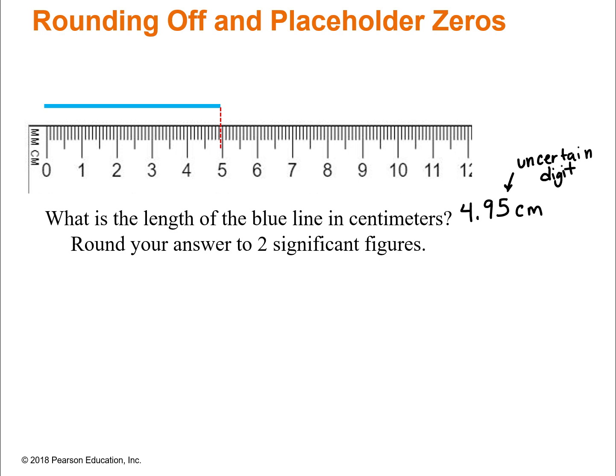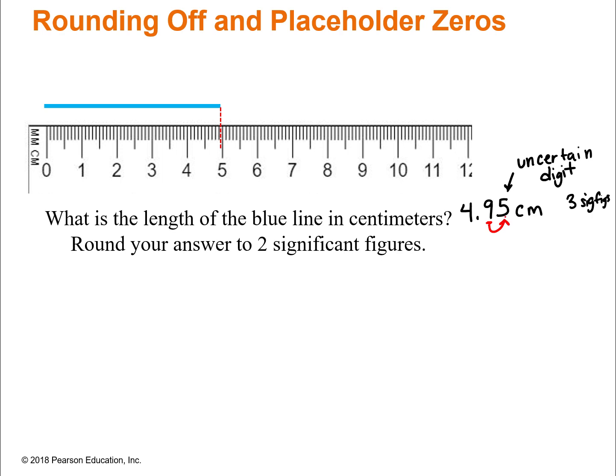Now we've got to take this answer and round to 2 significant figures. Currently, we have 3 sig figs. We've got to change that to 2. This 9 is what we're looking at to whether we need to round up or keep it the same.